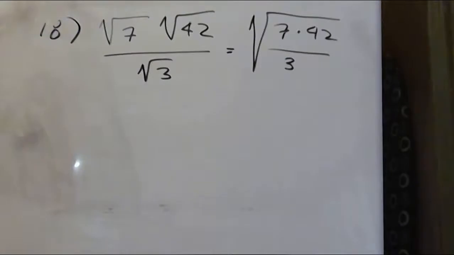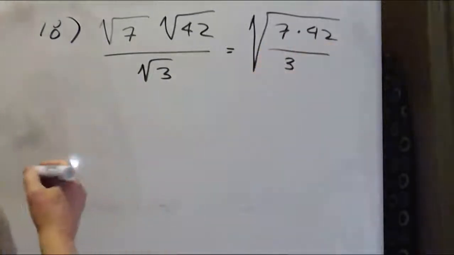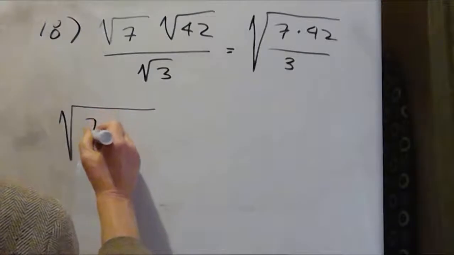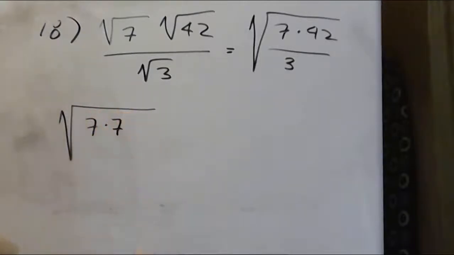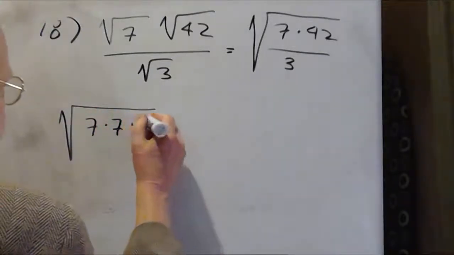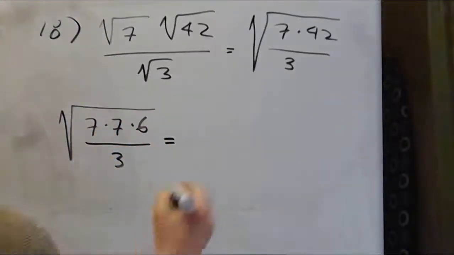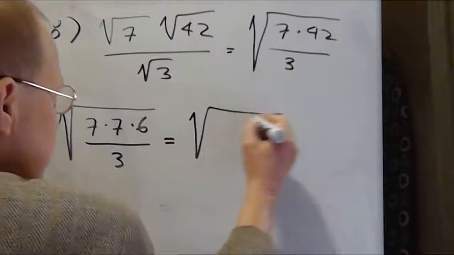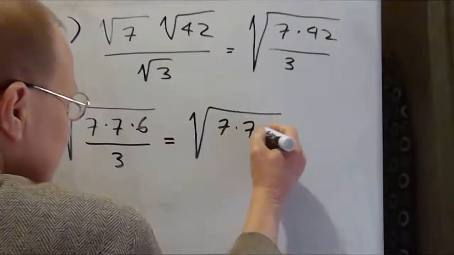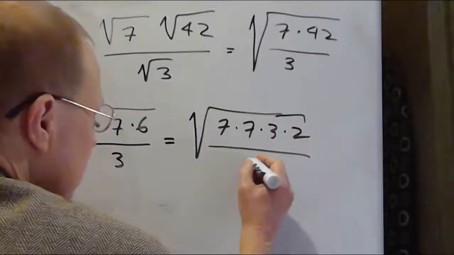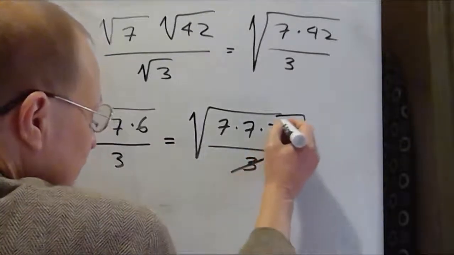And we see that we can break down 42, so we can have 7 times 7 times 6 over 3, and that is equal to 7 times 7 times 3 times 2 over 3, and there we go.